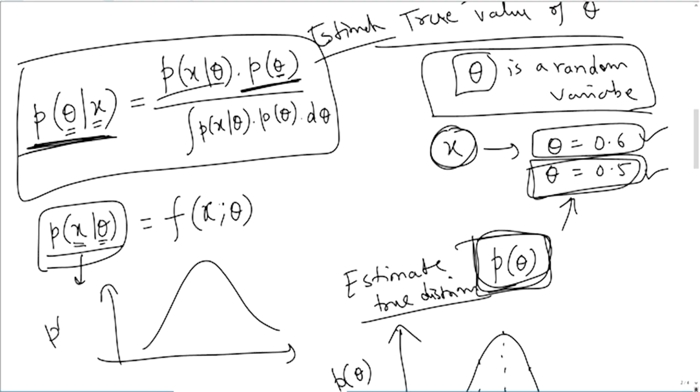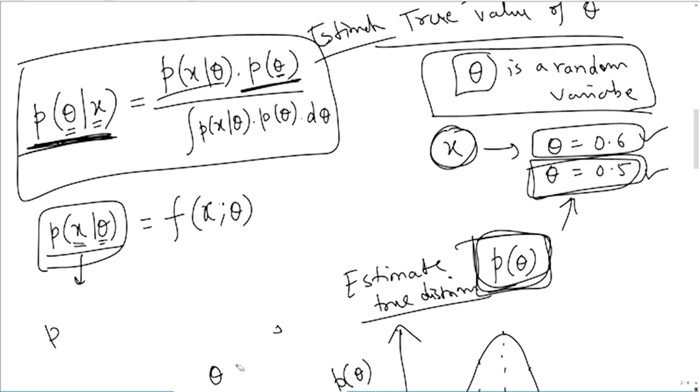So this would be a distribution P of theta given x. I'm talking about this LHS term. So this is a distribution of theta, showing how different values of theta are likely to generate this data. So on the x-axis you have theta. So how this particular probability density varies for different values of theta.